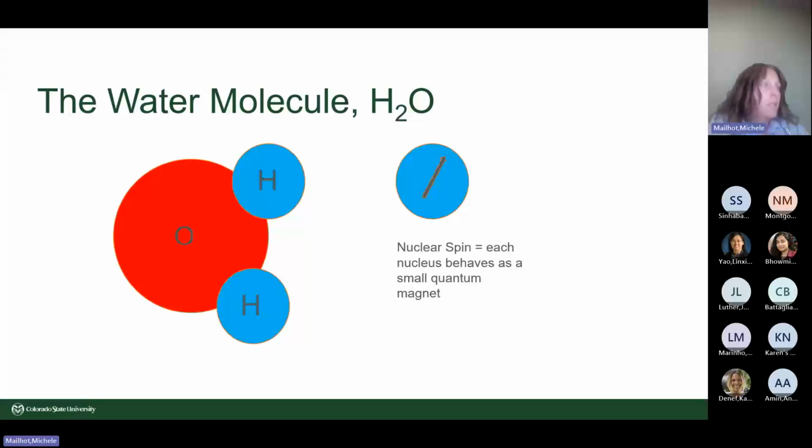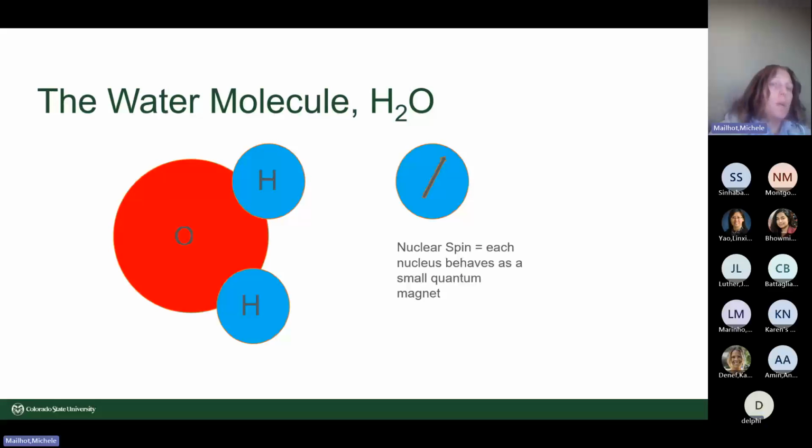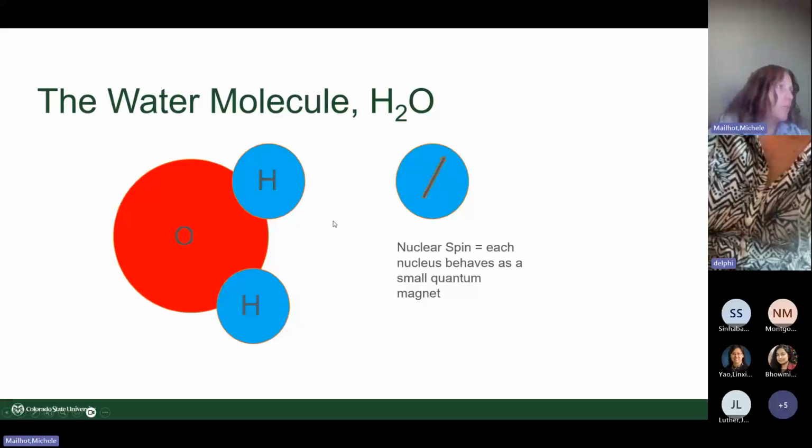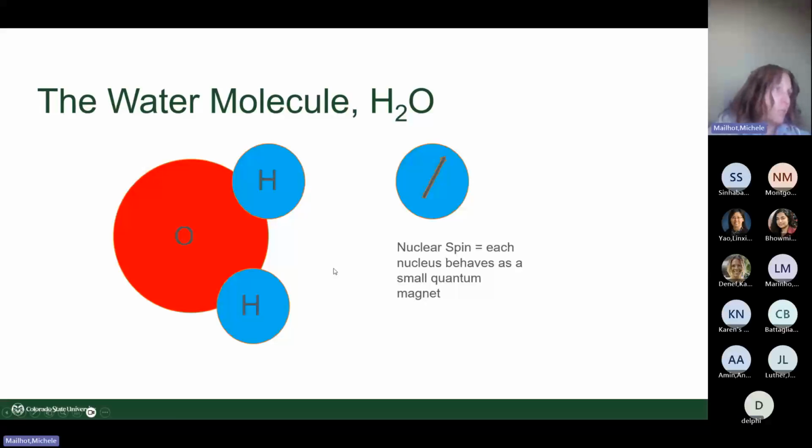Okay, so let's take a look at a basic molecule, just water. What's happening for this molecule as far as NMR is concerned? If you look at this proton, each nucleus has a spin moment. Inside of a magnet, it behaves as a small quantum magnet. That's the key for NMR.